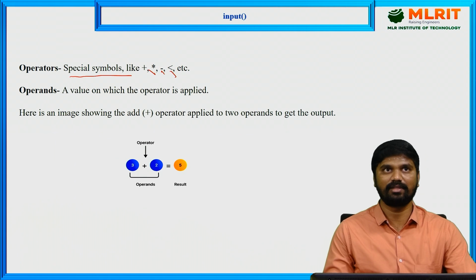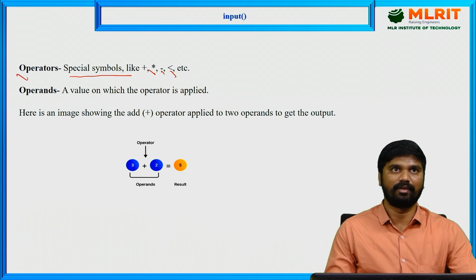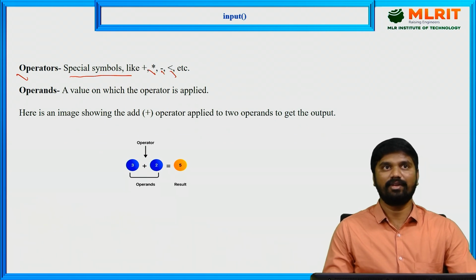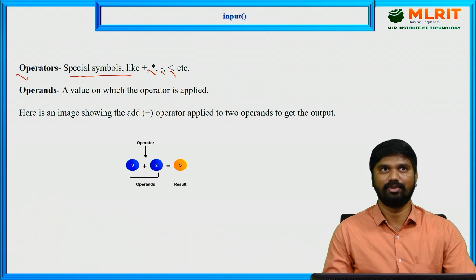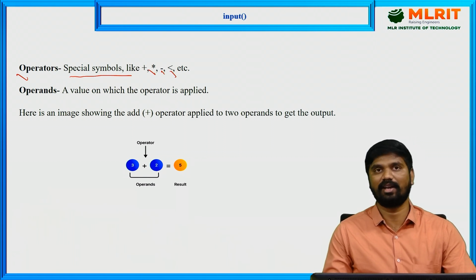Different special symbols are there, and they act on operands. Whenever we perform an operation using an operator on variables, those variables become operands.